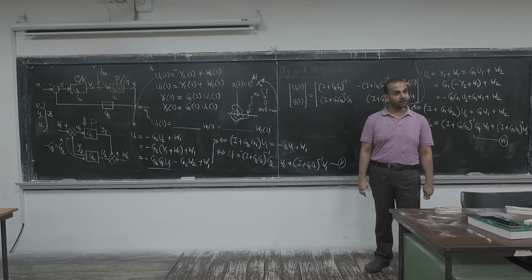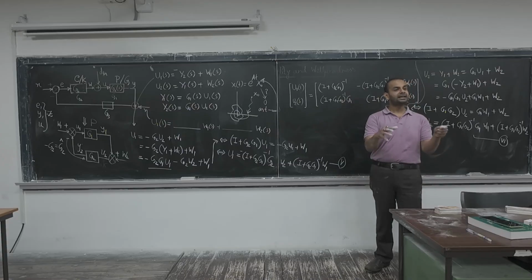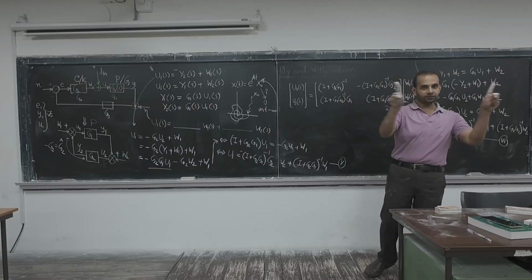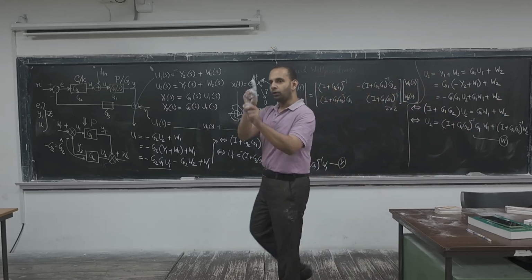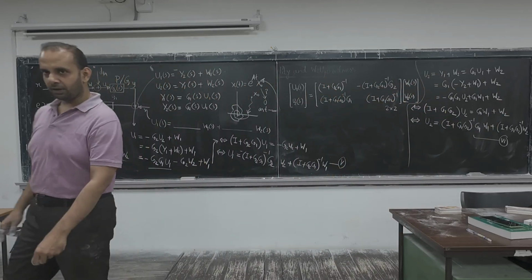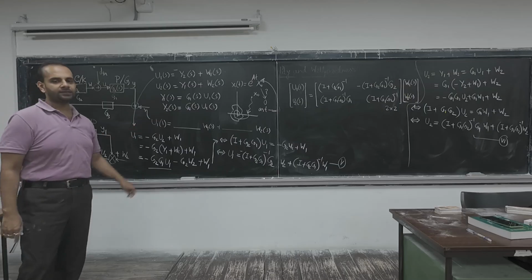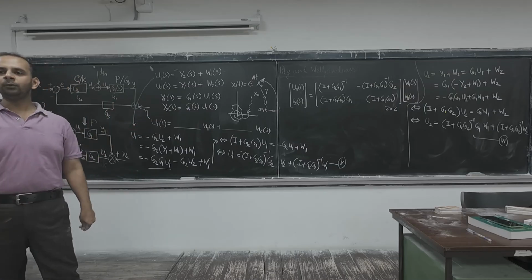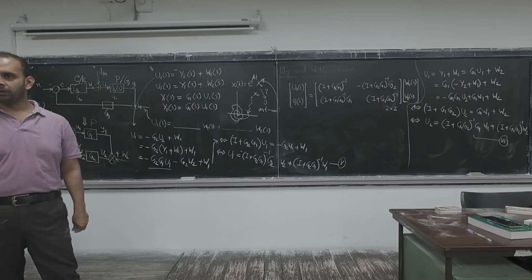Internal stability means you are trying to explore the internal dynamics of the system. The transfer function representation is only an input-output representation. That is also the reason we have seen that if there is a pole zero cancellation, then the R2 Y channel will always remain BIBO stable.